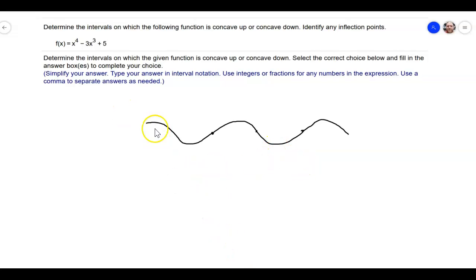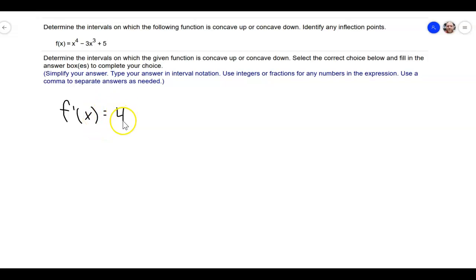All right, so let's go ahead and get started here. This should be a pretty easy one to do the derivative of. The first derivative, just using the power rule, is 4x cubed minus 9x squared.